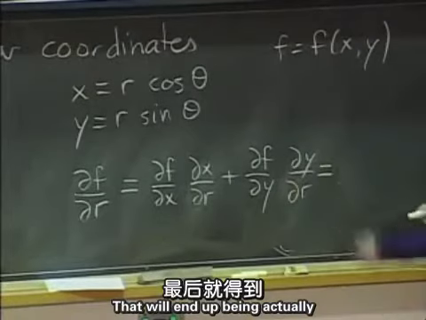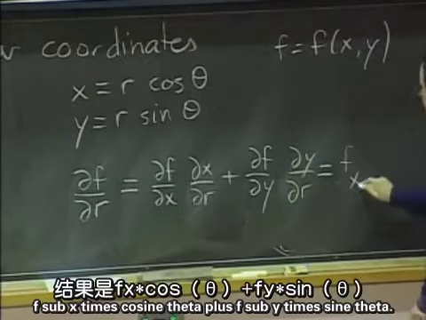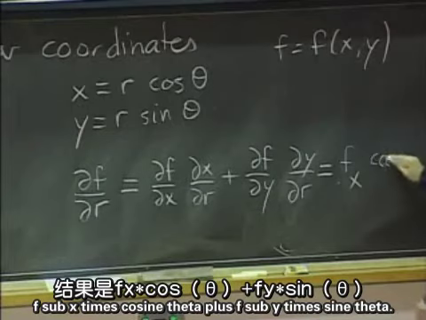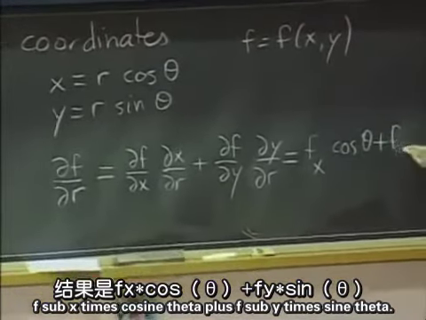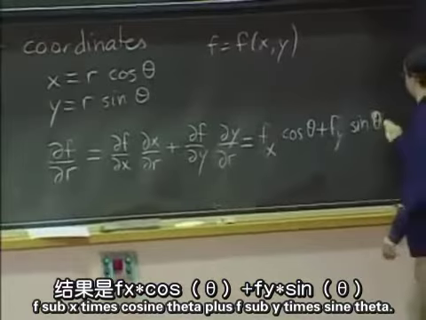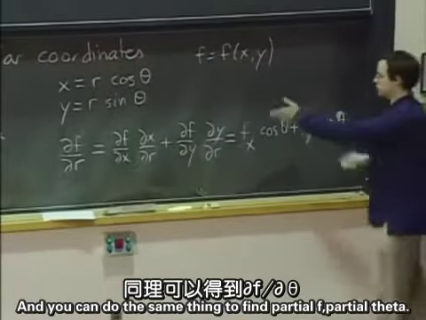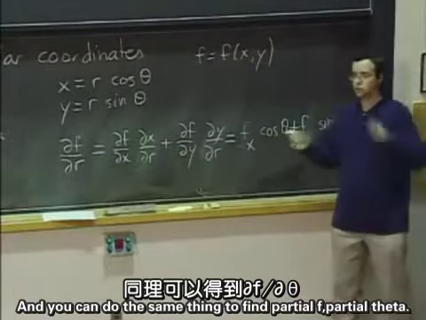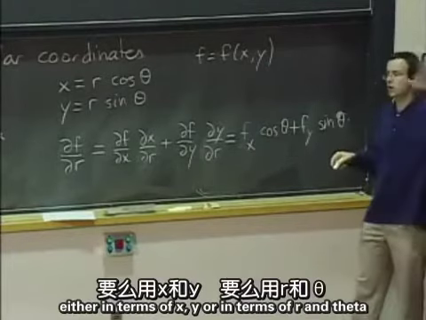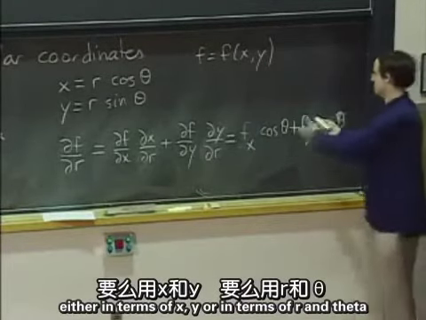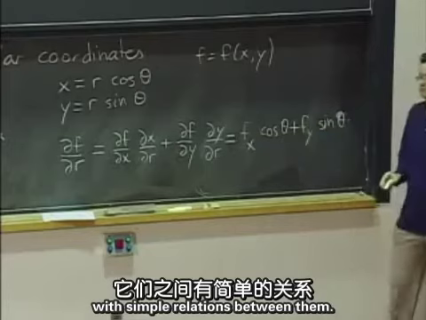And so that will end up being actually f sub x times cosine theta plus f sub y times sine theta. And you can do the same thing to find partial f, partial theta. So you can express derivatives either in terms of x, y, or in terms of r and theta, with simple relations between them.